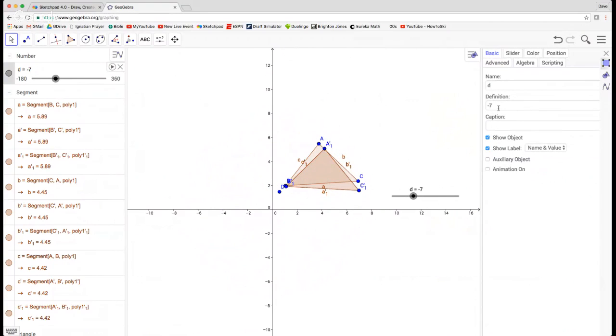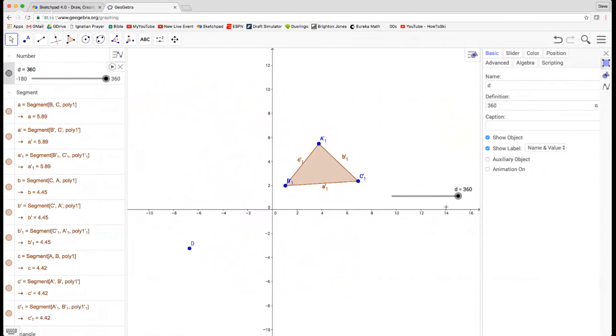Go to 0. Okay, but if we make this point really far away, when we rotate, we're rotating around that point. So the object's going to move further as we move it around. So I just wanted to show you this.